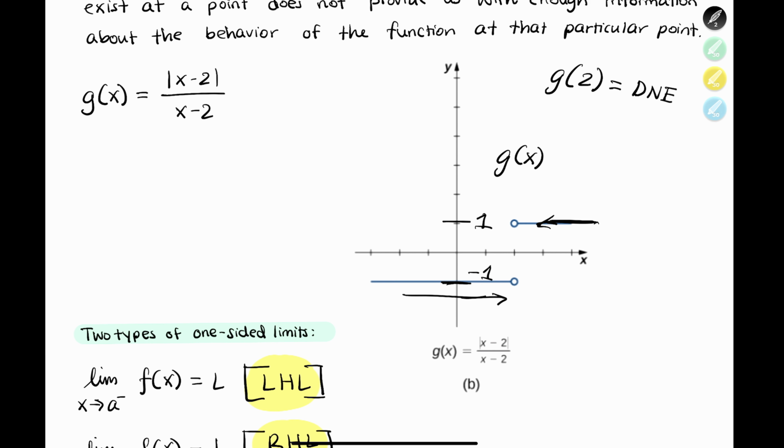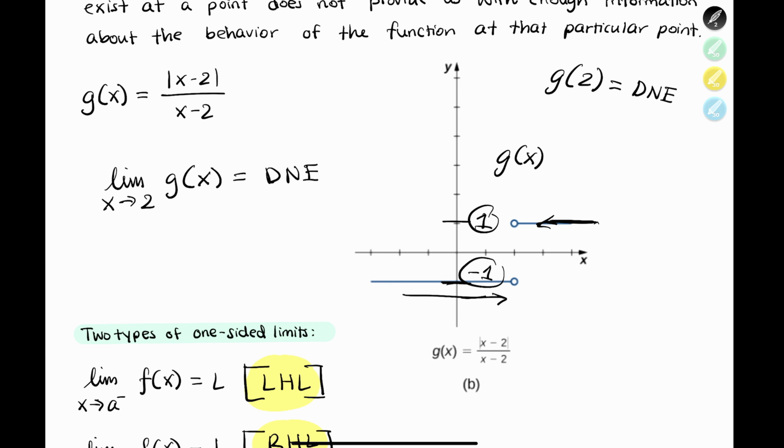So since the two values, 1 and negative 1, are not equal to each other, we say that the limit as x approaches 2 of g of x does not exist.